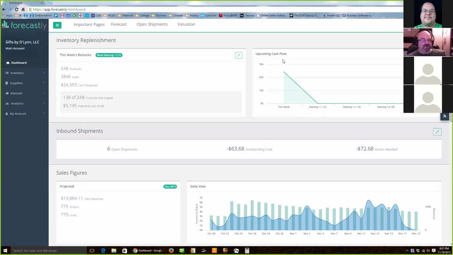Forecastly works on the premise that the guy that built it, I believe, is chiefly a private label seller. And the way he does his shipments is he orders from a supplier and it ships straight to Amazon. So he will go on Seller Central and build the shipment in there first and then send his supplier the shipping labels, mailing labels, and they will ship it straight to Amazon.